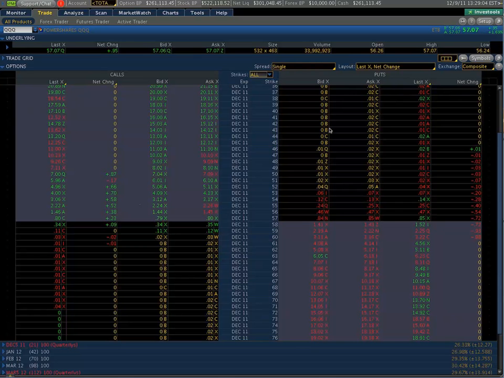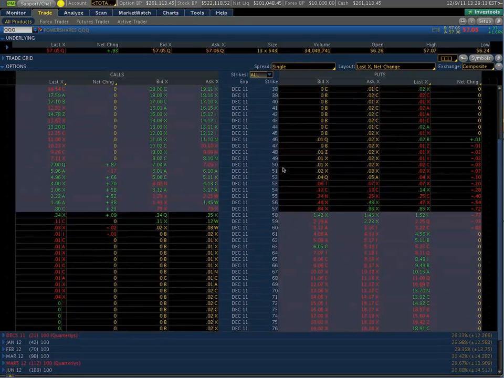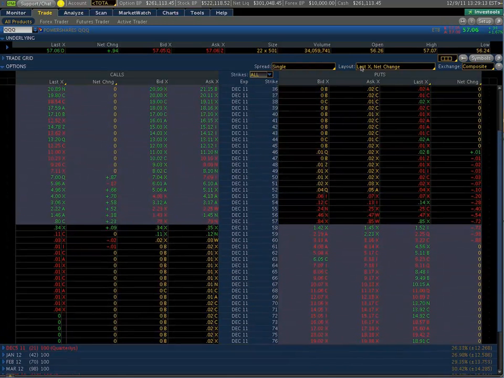One of the nice things about the Thinkorswim platform from TD Ameritrade is the fact that it gives you lots of information in one simple to read screen. And we can change our layout. The current layout that I have is the last trade, the net change for the day, and the bid and asks on each of the calls and the puts.